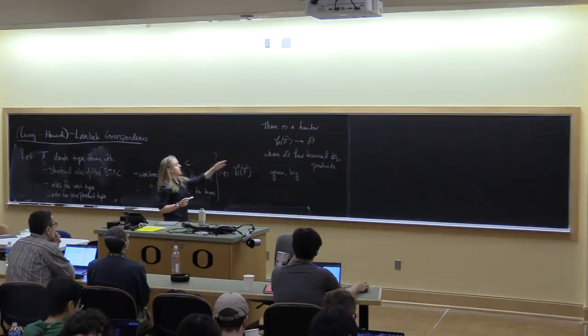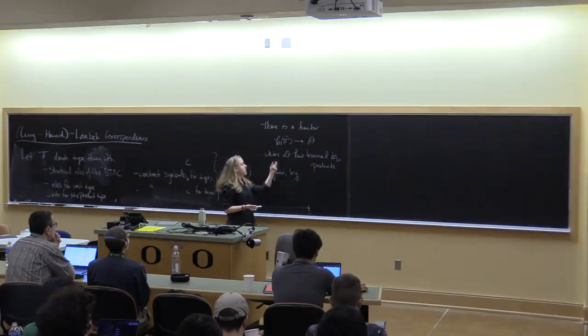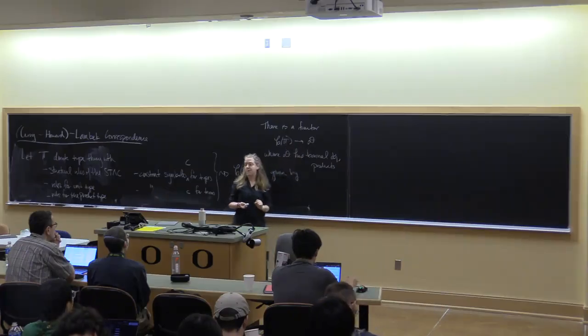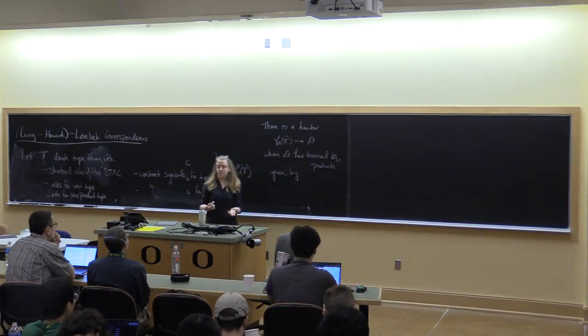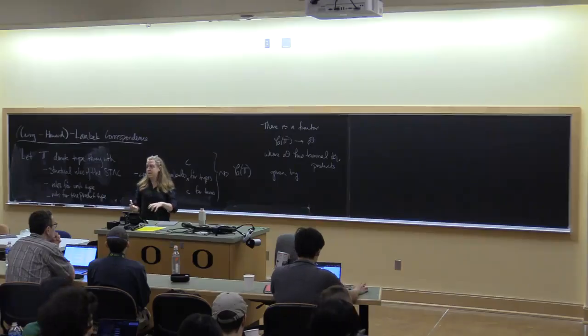So we have here basically a programming language, I mean a category that represents a programming language, and we want to define a functor into a category. And I'm going to say that this functor is like the categorical realization of an interpretation of this language T into a category D.